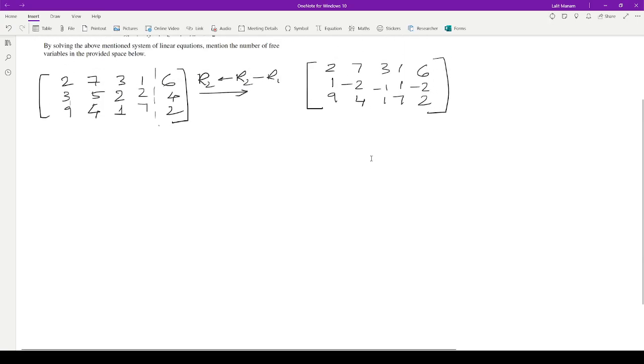Next, we would like to swap the first row with the second to bring 1 onto the first row as the pivot element. That means it will just be like this.